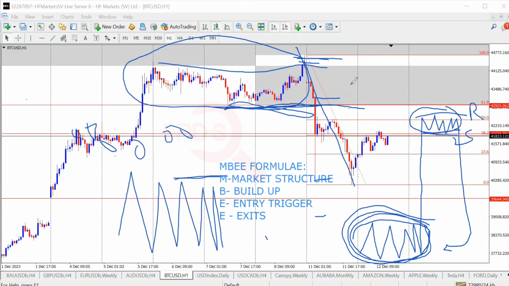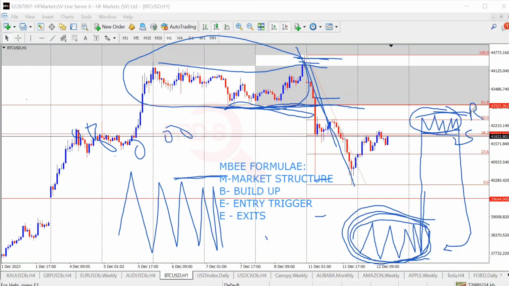Remember, I told you there is no guarantee that market is going to break down after a distribution phase, or that the market is going to break out after an accumulation phase. But you must stand at that point where your chances are more than 50%. Knowing that after accumulation, we have advancement. So you should be buying at the support of accumulation, selling at the resistance of distribution. It's as simple as that.